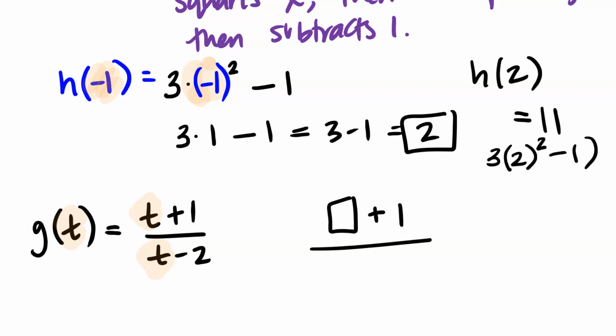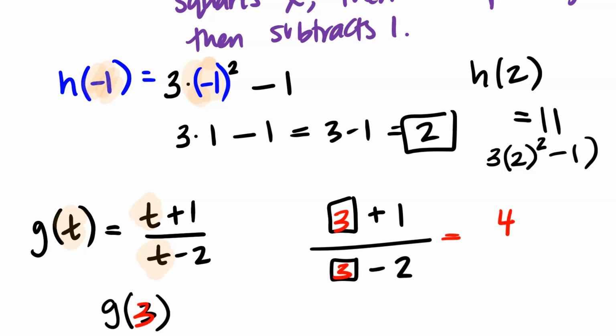We're going to take that number and add 1, take that number and subtract 2, and then divide the first expression by the second. So if we're asked to find g of 3, then we're going to plug 3 in for both of those. So we get 4 over 1. So hopefully that clears up the function notation.